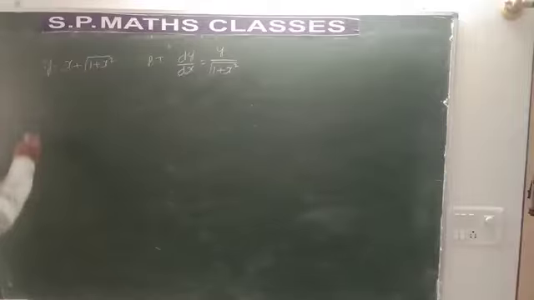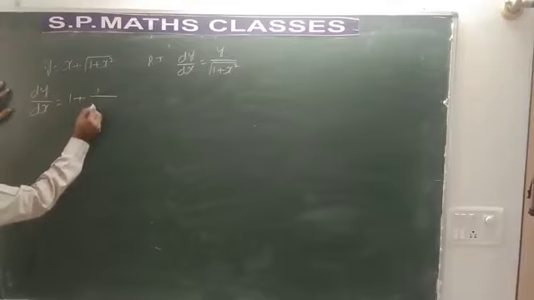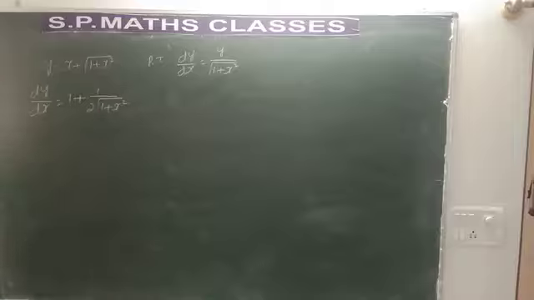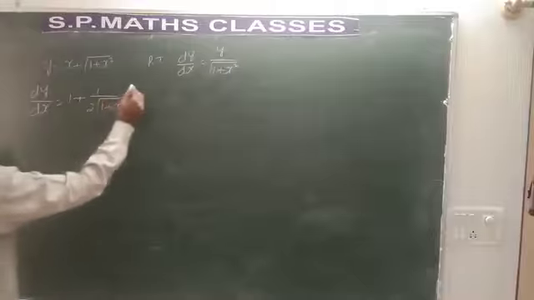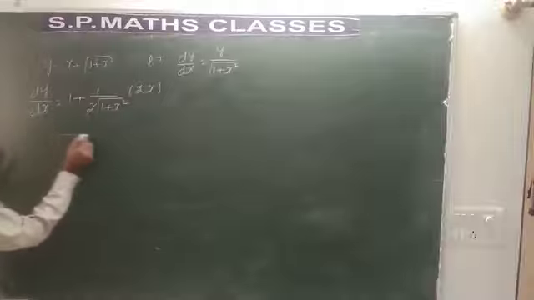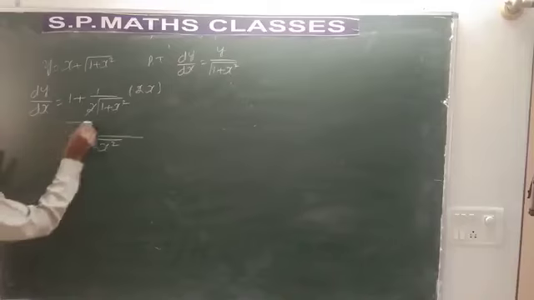Let us take dy by dx here. Derivative of x is 1. Root of 1 plus x squared gives 1 by 2 root of 1 plus x squared, because we take 1 plus x squared as x, into derivative of 1 plus x squared, which is 2x. 2 gets cancelled. You take root of 1 plus x squared as LCM.